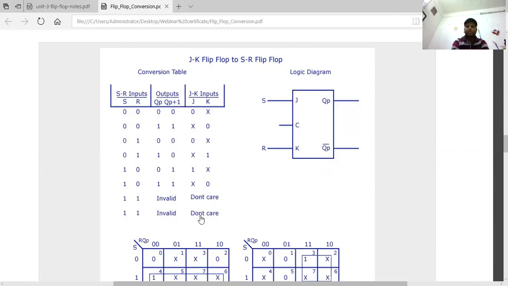After that we start the JK matching section. Again we start: present state is 0 and next state is 0. What is the JK value?